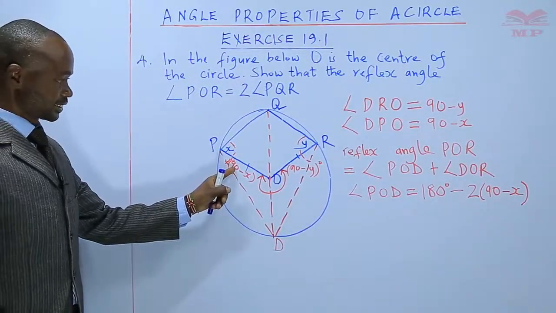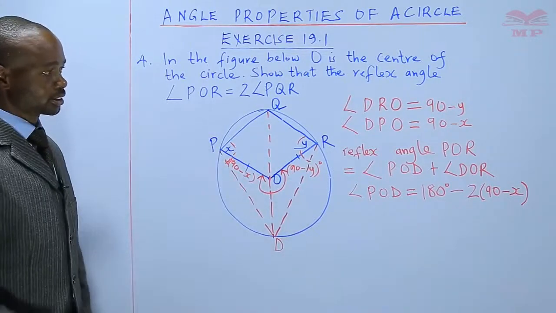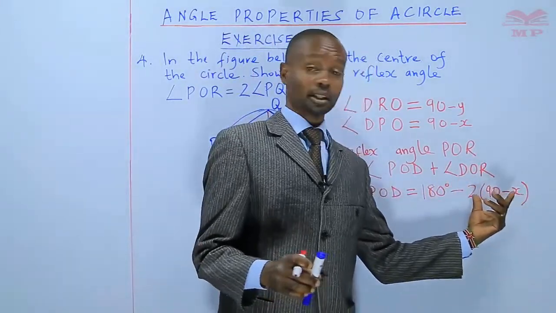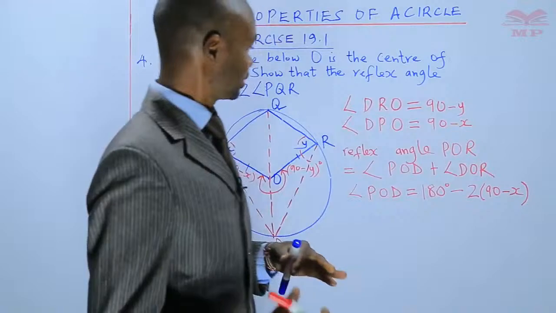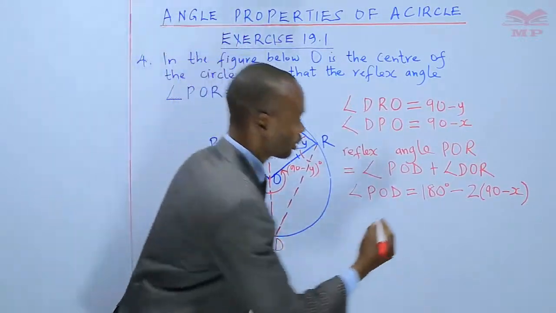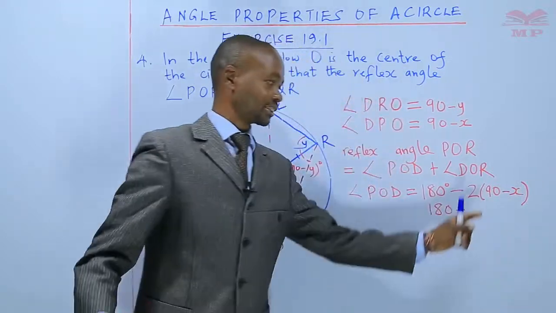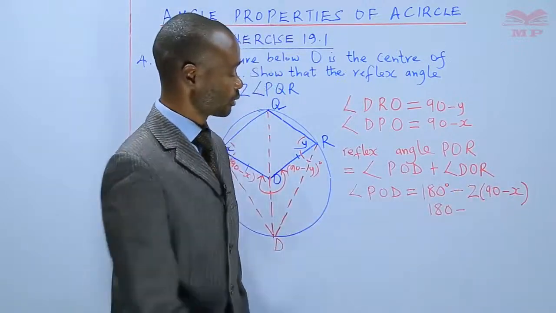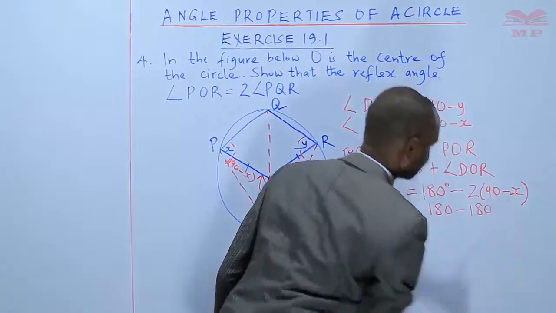Twice this angle subtracted from 180, I'll get POD. So I'll go straight, because they are also testing if you know how to open your brackets. If you open them wrongly, you'll get a wrong answer. So here we have 180, and here we have minus 2 times 90, we get minus 180 degrees.